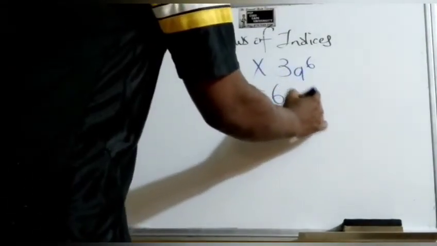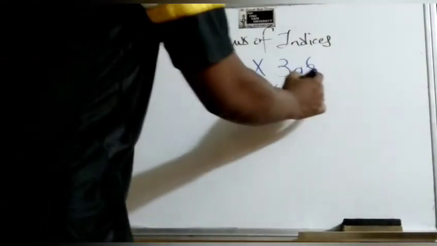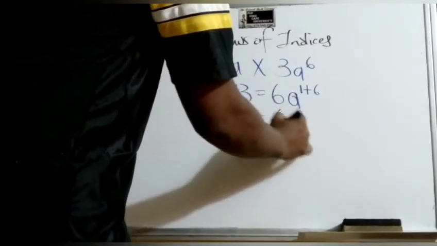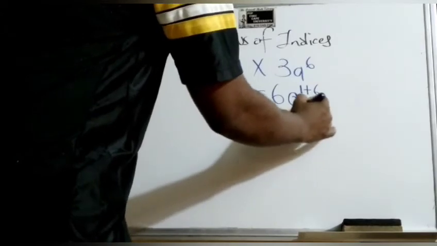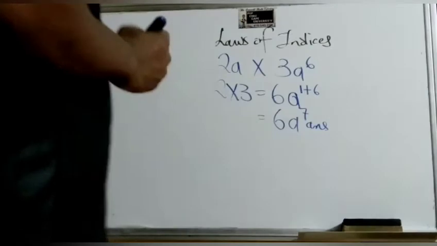Because the base is the same, we can apply the rule. Now a by itself is like a raised to the first power, plus 6. So we get 6a raised to the 7th. And that will be your answer.